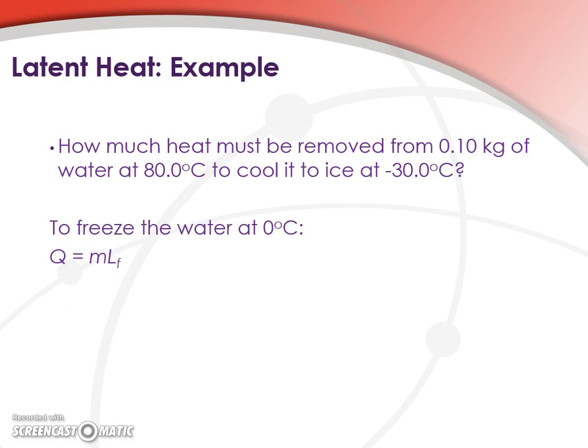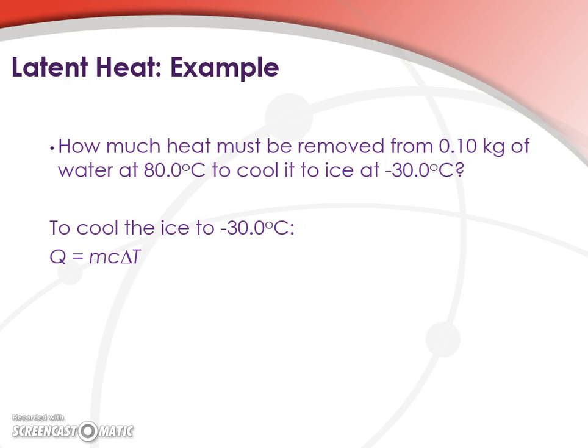The next step, we need to take that 0 degree water and freeze it. Well, we learned how to do that. We can do it again here. Take the heat of fusion times the mass and get 3.3 times 10 to the 4 joules. Now we've got ice at temperature 0 degrees Celsius, but we still need to cool it 30 degrees.